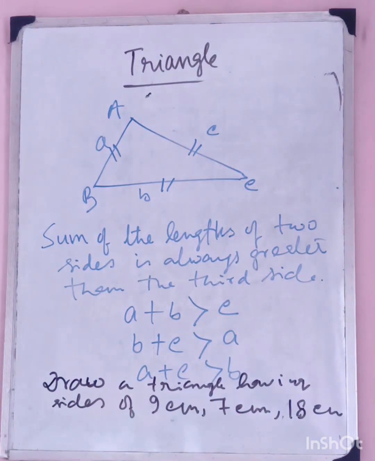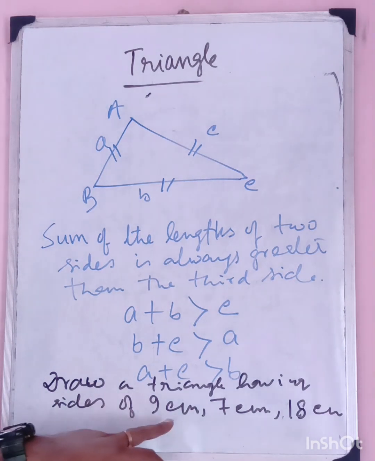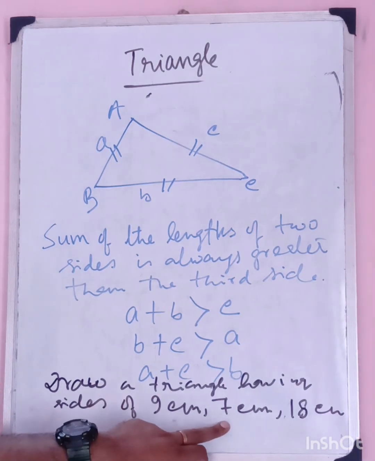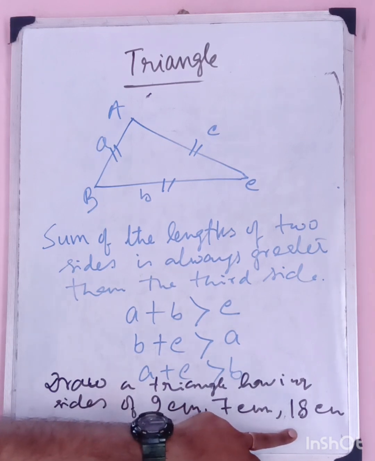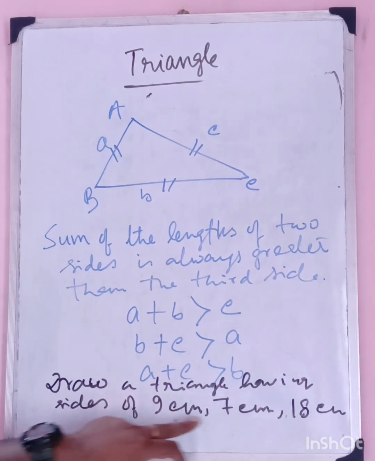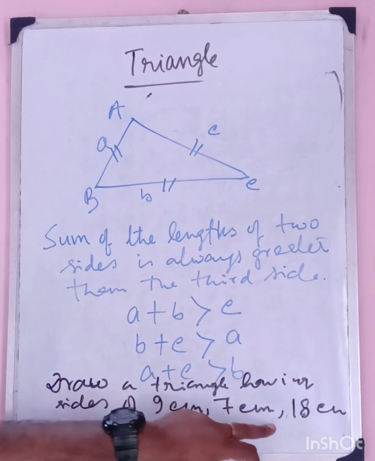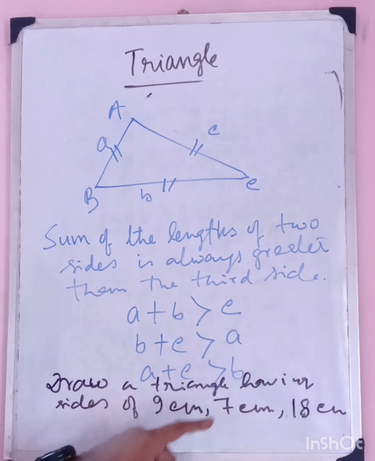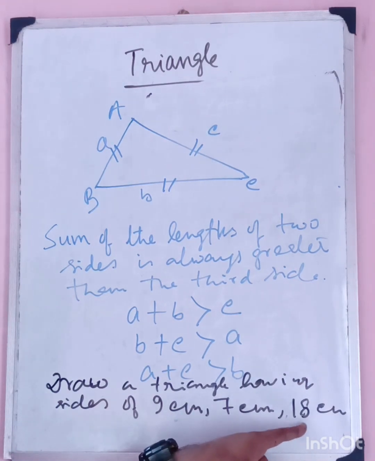How can you draw? So this is a tricky question. You can see that 9 plus 7 is 16. This is lesser than 18. So the sum of two sides is not greater than the third side. So no triangle can be drawn with sides 9 centimeter, 7 centimeter and 18 centimeter.